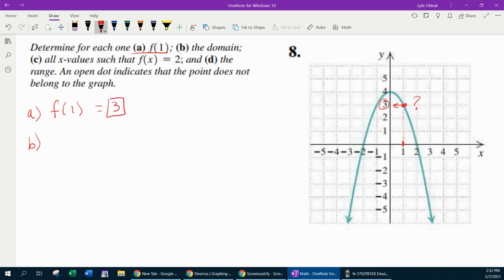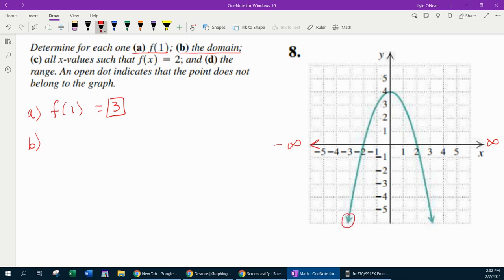Part B, what is the domain? Well, the domain are the values that x can be, and the x-axis goes from -infinity to +infinity. So what we want to know is, how wide will this graph spread out?